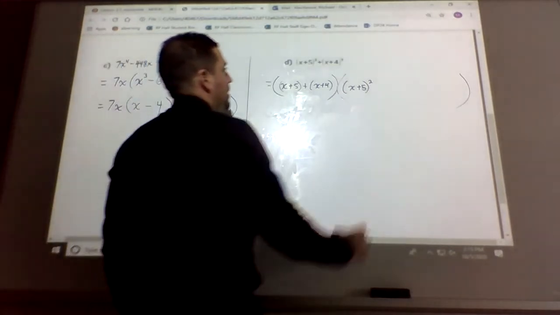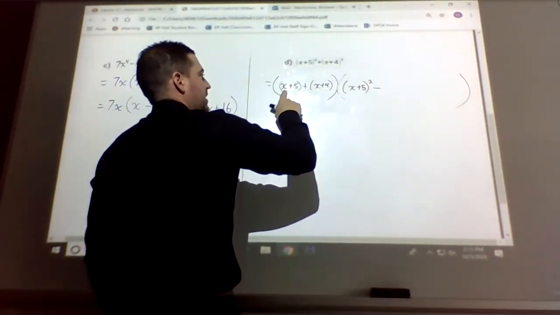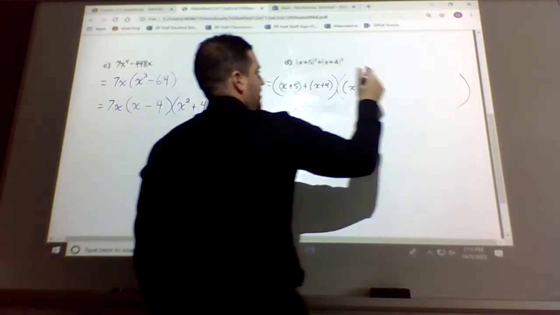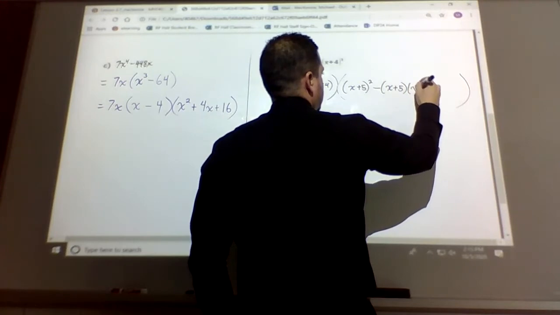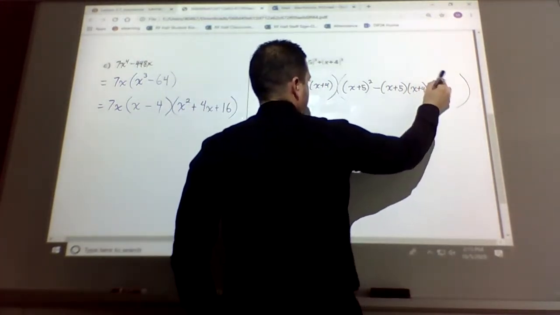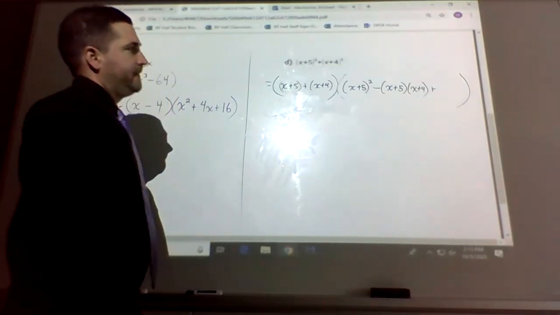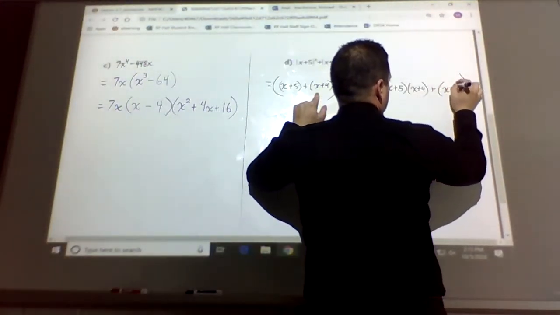Then, next is to subtract a times b. So x plus 5 times x plus 4. Plus b squared, so x plus 4 squared.